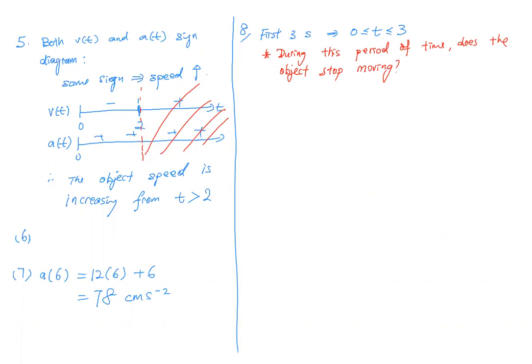So, yes or no? If you look at the sign diagram, you know yes. Correct? We know because v at t equals 2 is equal to 0. So it does. So that means we have 3 very important positions that we must find.